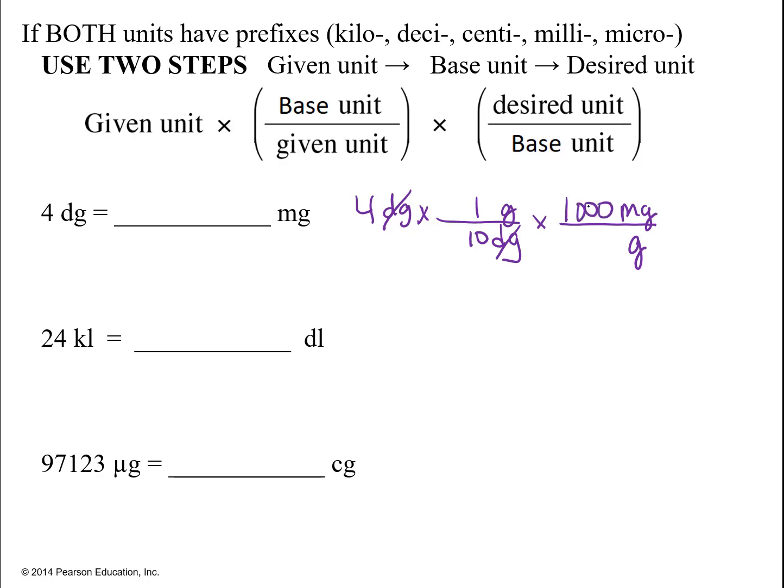Milli always gets 1,000. Grams gets the 1. So you see that now grams and grams will cancel. Decigrams and decigrams will cancel. And now it's just a matter of doing the math. So 4 times 1 does nothing. 4 times 1,000 is 4,000, divided by 10 would be 400.